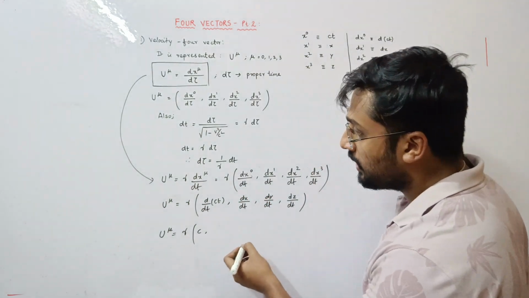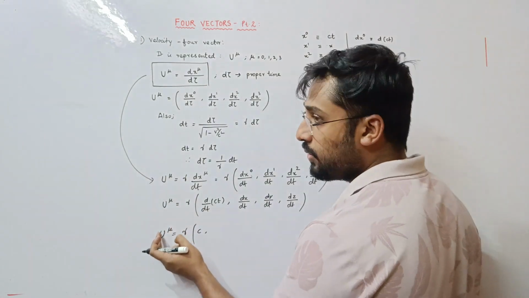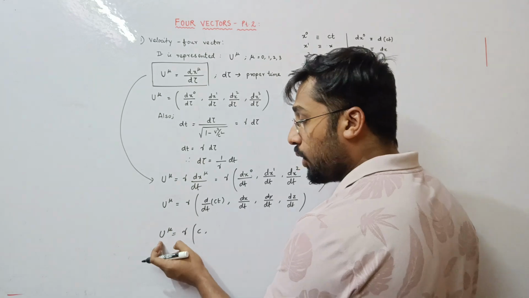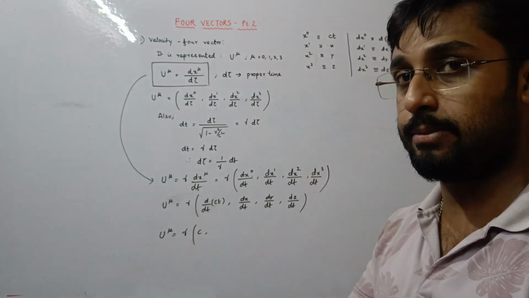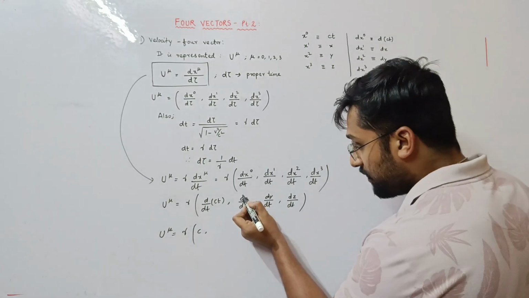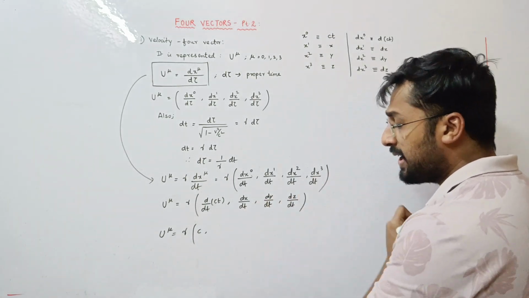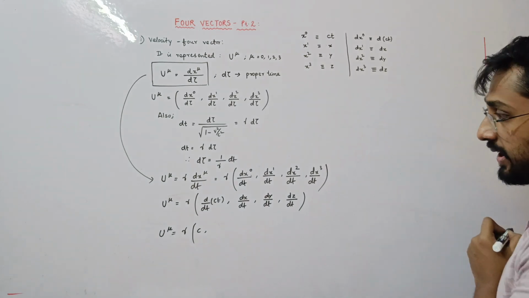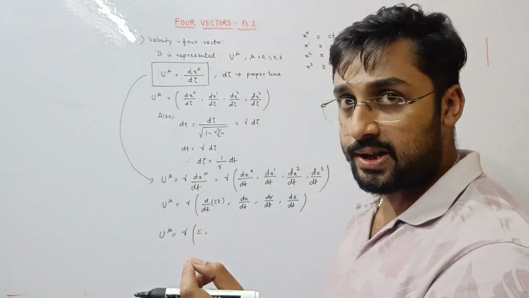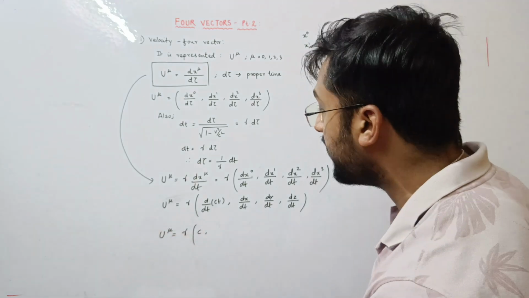So are you getting my point? Now what I have done, students, is that this u mu is the velocity defined in four-dimensional space-time, that is, in Minkowski space-time. However, this dx/dt, dy/dt and dz/dt represent the ordinary velocity which we study in normal Euclidean space or Euclidean geometry.